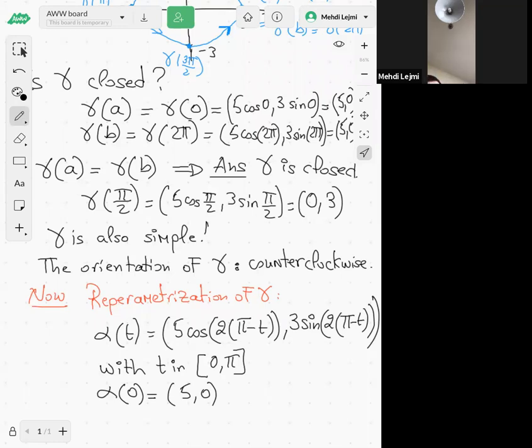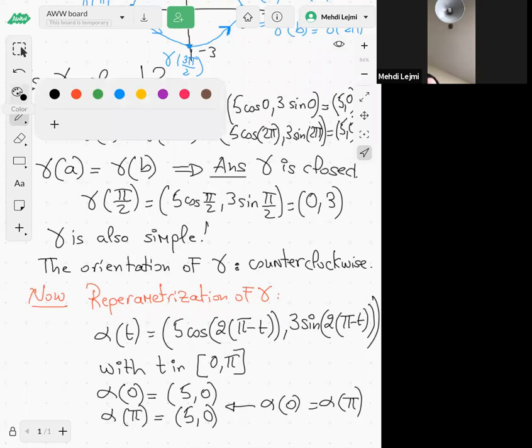And if you do alpha of pi, pi minus pi, that'll be 0. Cosine of 0 is 1, so you also get (5, 0). So alpha of 0 is equal to alpha of pi.